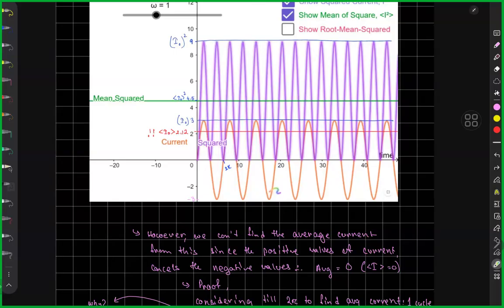The reason is, if you take an average of the area under the graph, what we can find is that the average I0 square value is exactly half of the I0 square value. So it is exactly half of 9, so 4.5.